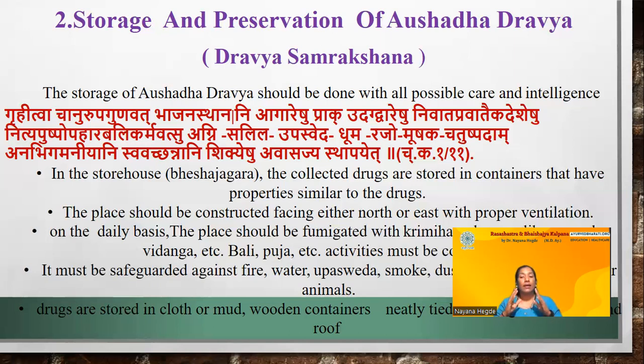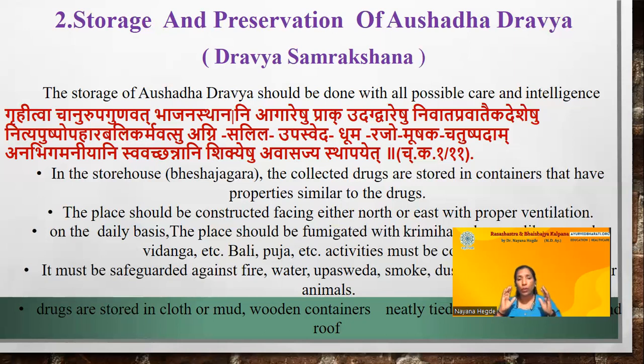Next, the storage house should not allow the entry of Agni. Anabhigamaniyani मतलब गमन मतलब आने के लिए, अनभिगमनीय मतलब आने के लिए नहीं छोड़ना चाहिए. किस किस को नहीं छोड़ना चाहिए? अग्नि, सलिल, उपस्वेद, धूम, रज, मूषक, चतुष्पदा.